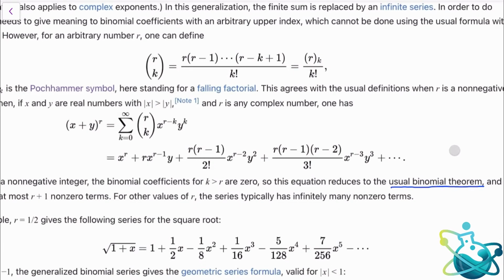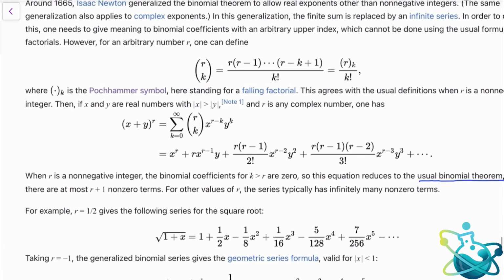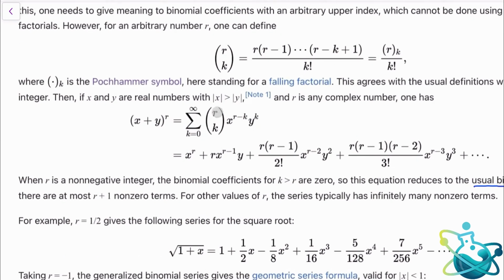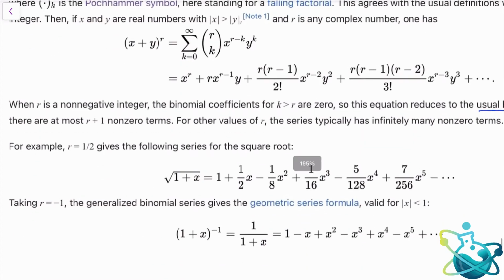It doesn't stop, guys. They use the r here instead of an n. That doesn't matter. Let's try and read this.